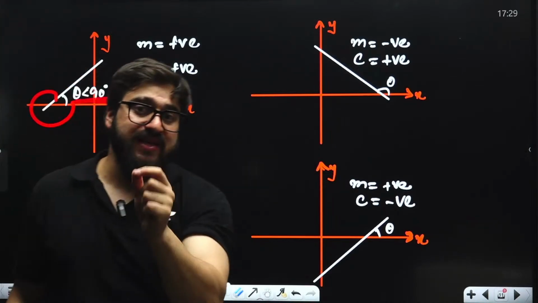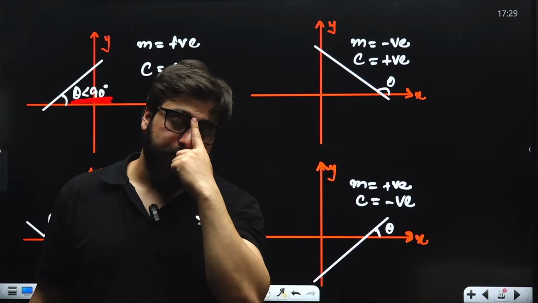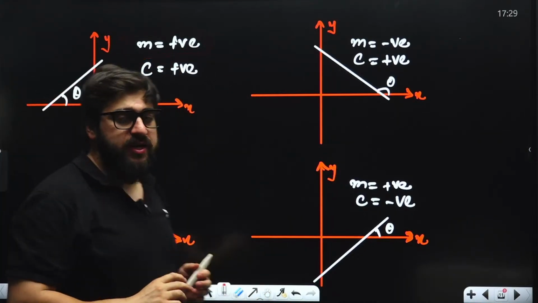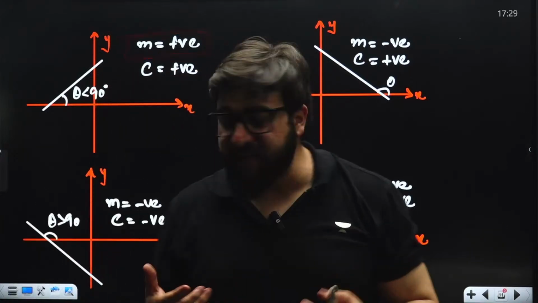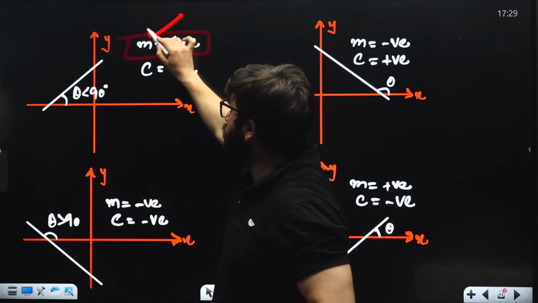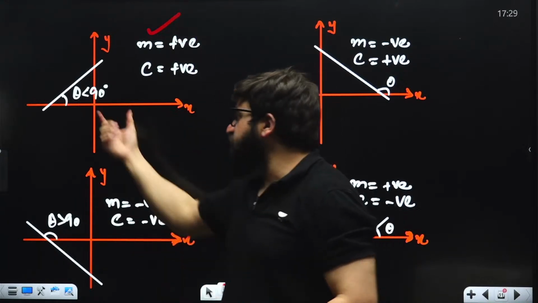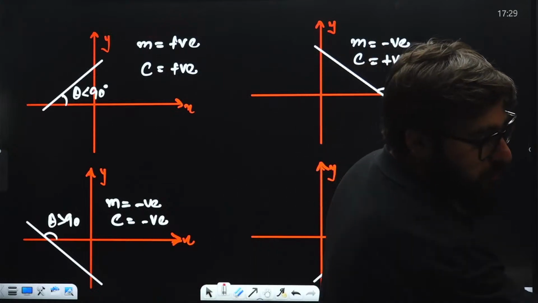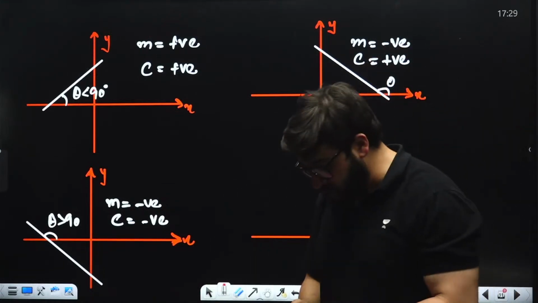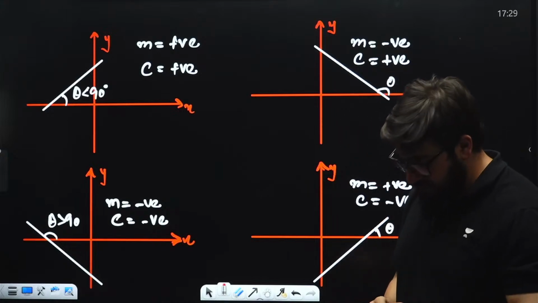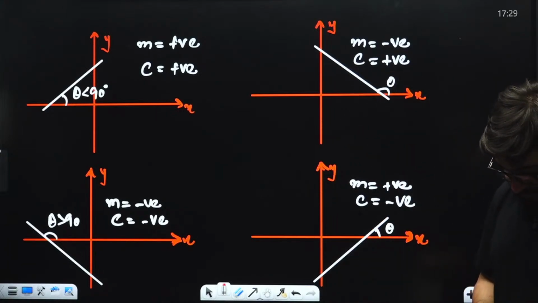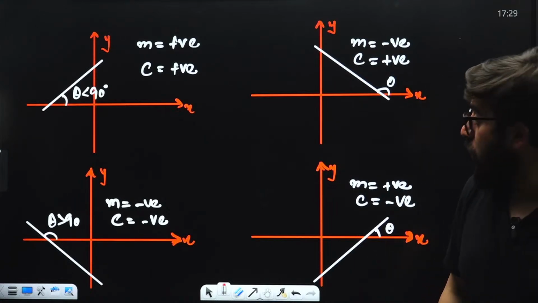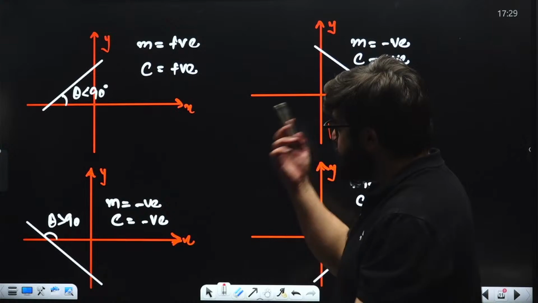If theta is less than 90 degrees, can I not say that in that case the slope will be positive? We represent slope with m. So if theta is less than 90, m in that case will be positive. Okay, next.